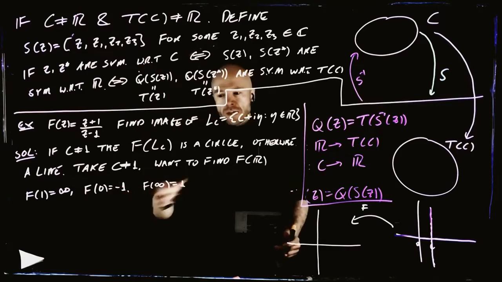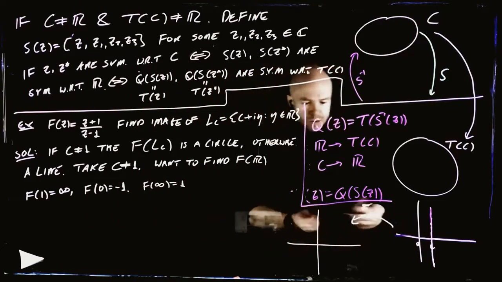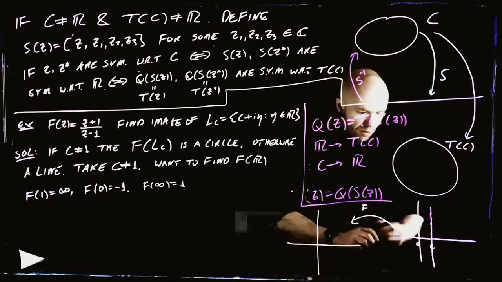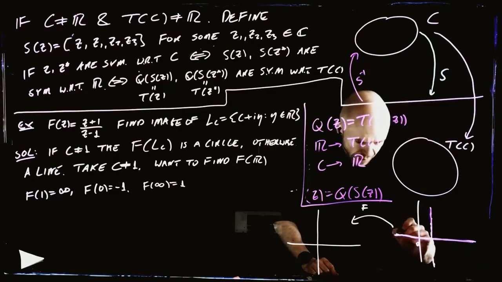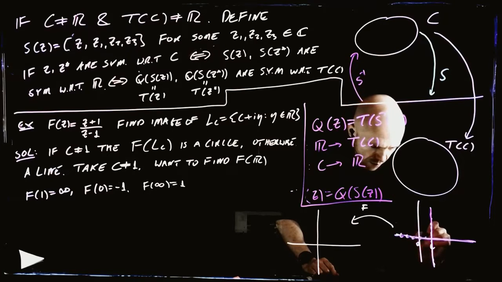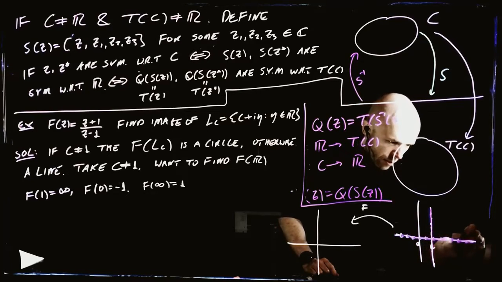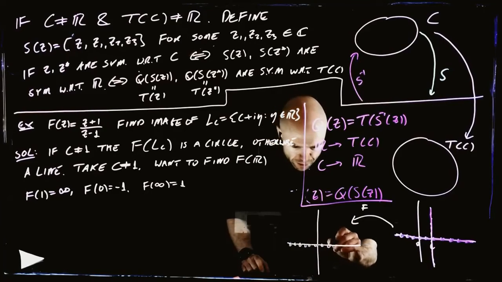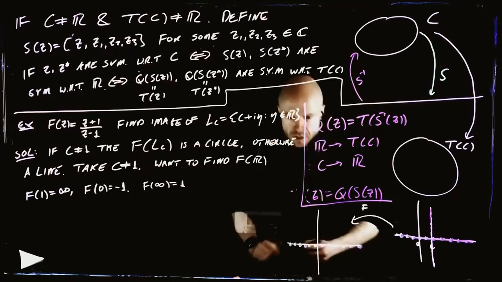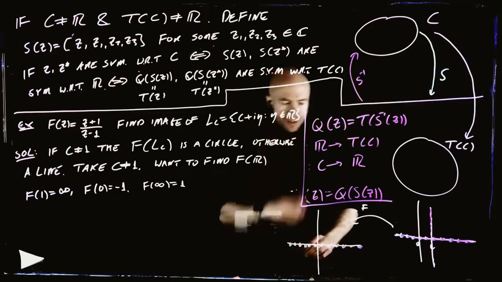In fact, just knowing -1 and 1 would be enough. So we know that the real line is mapped to the real line. So let's make this thing blue. I don't know how well you can see that. So let's put little circles here. And we know that this thing is being mapped to this thing, like this. Yeah? Cool. All right.